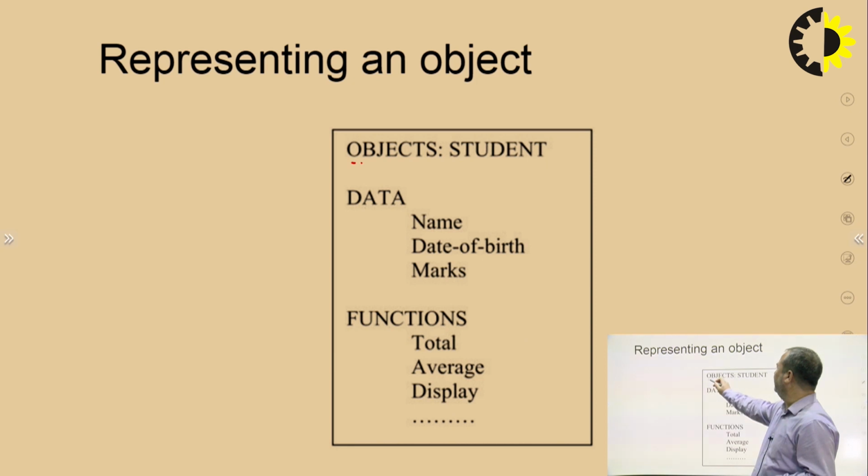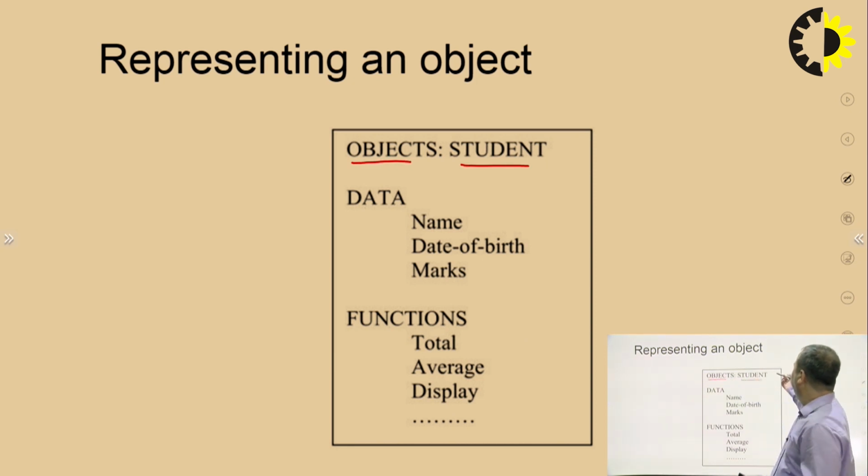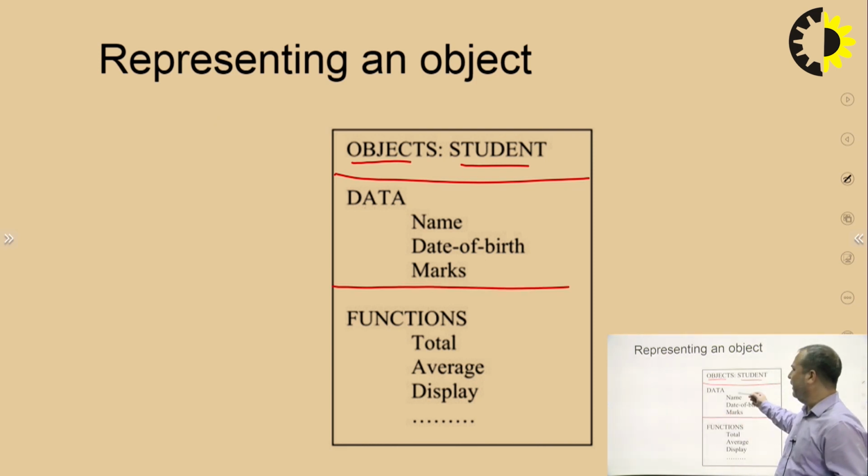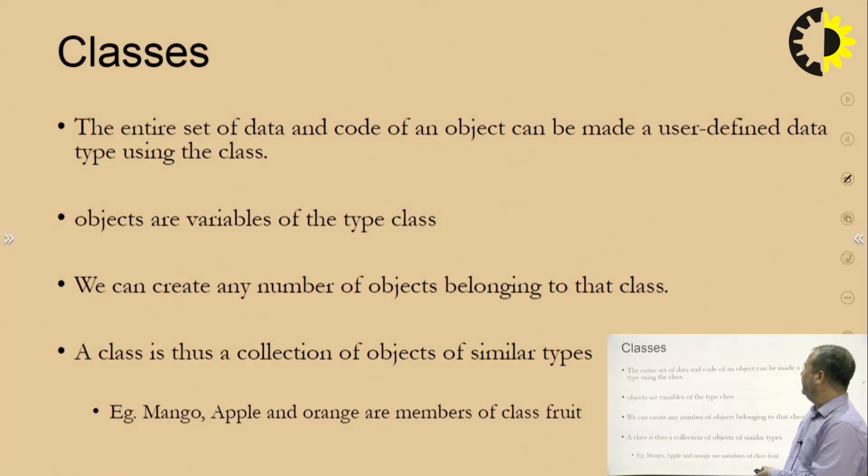You have to write the object name, colon, class name. Suppose student is a class and we create st1, so st1 colon Student. Basically there are three sections: one is the name of the object or class, then data and functions. So this is the standard way, right?